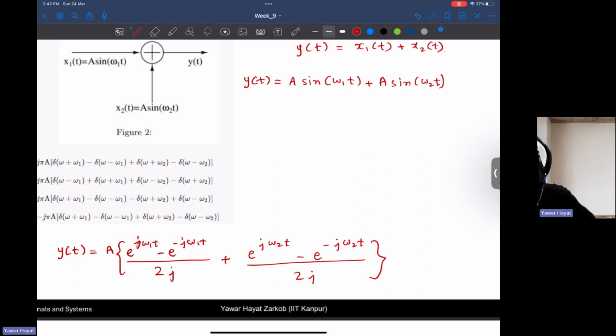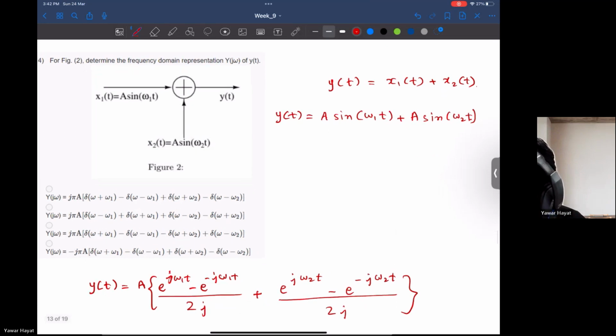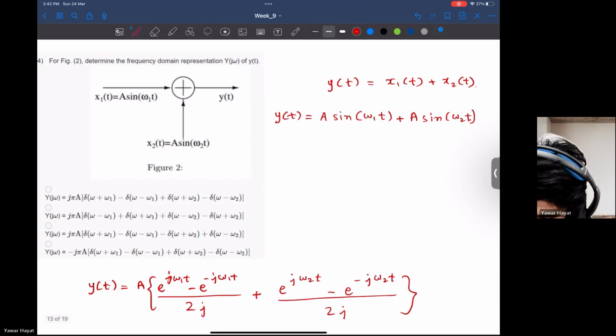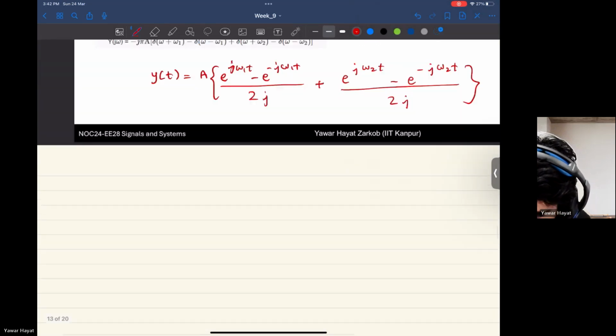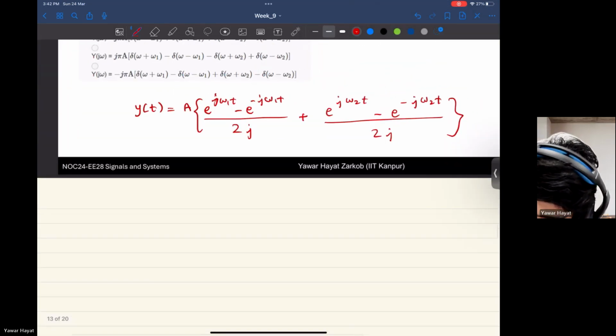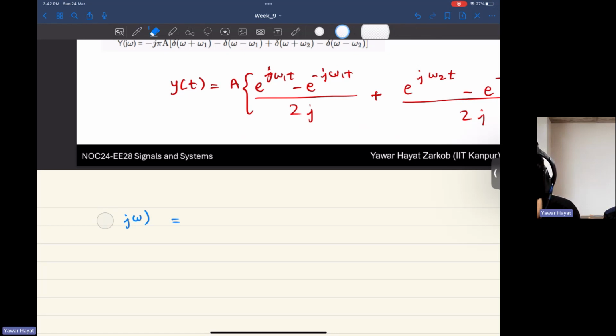Right? Now I need to take the Fourier transform of this. So what would be our Y of j omega or Y of omega? Right, before that, tell me one thing. What is the Fourier transform of 1?